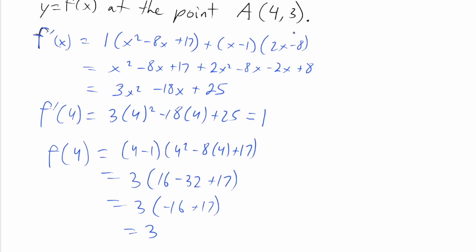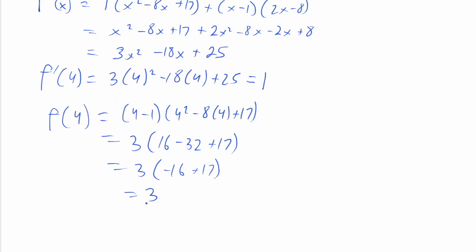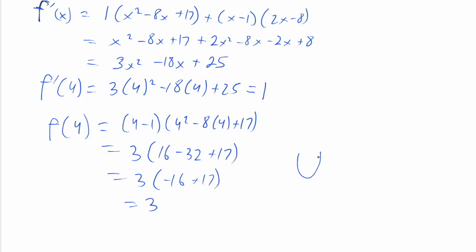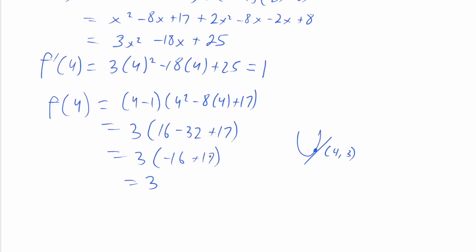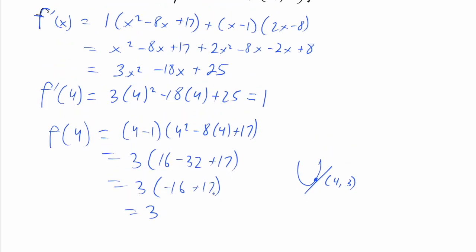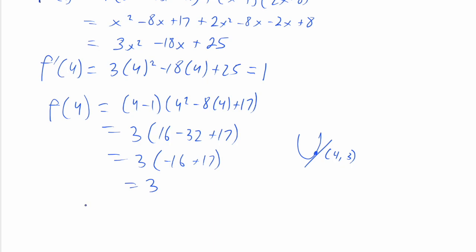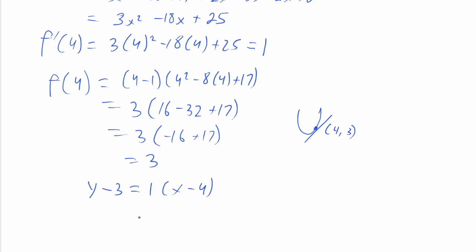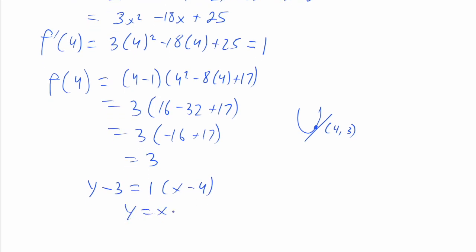So that is the y value at the point where it's tangent. So it is tangent at the point (4, 3), and the slope is 1. So we can use point slope form. y minus 3 equals 1 times x minus 4, and then you have y equals x minus 1 as required.